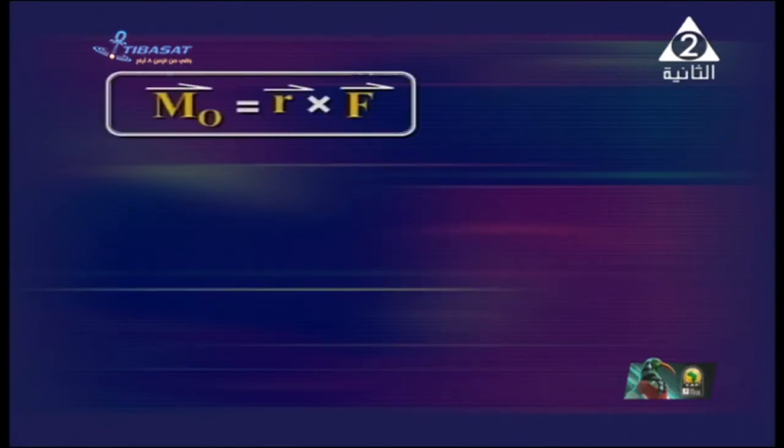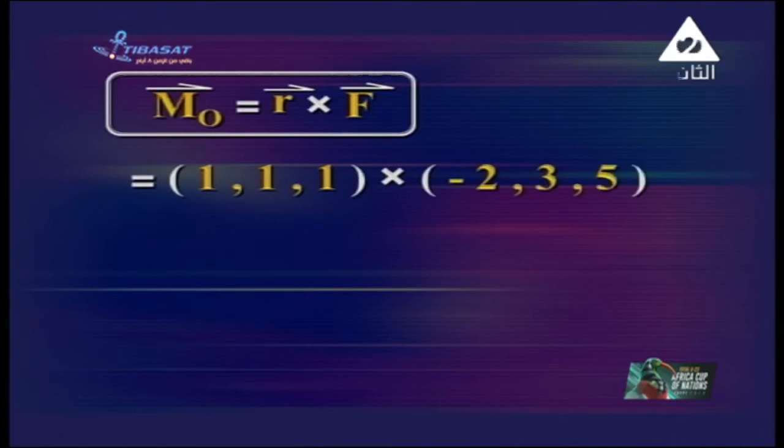We know that, my dear student, the moment about O equals R vector cross F vector. By using the determinant, we put i, j, k, the first row, second row the components of R, 1, 1, 1, and the components of the force F, negative 2, 3, 5.